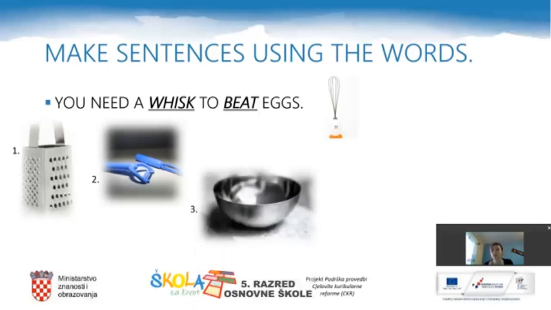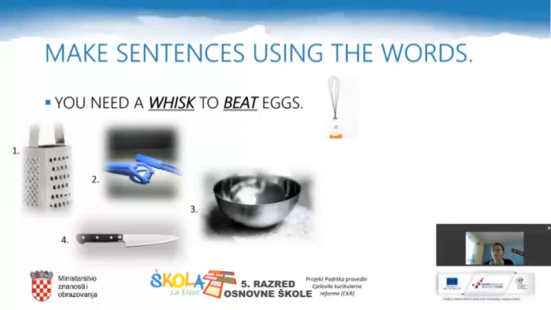The next one is a bowl. And can you tell me, what do we use it for? You need a bowl to beat eggs or to mix ingredients. And the last one, a knife. What do you use it for? You use a knife to, do you remember?